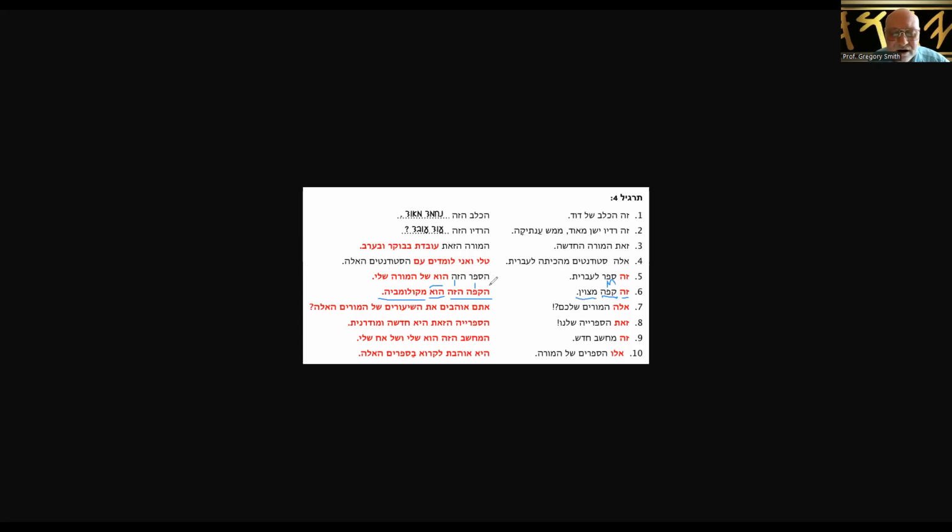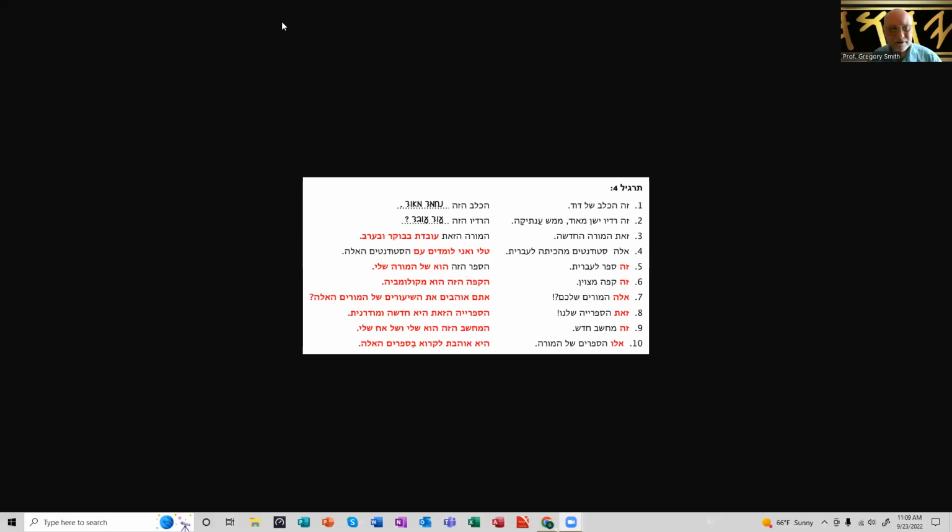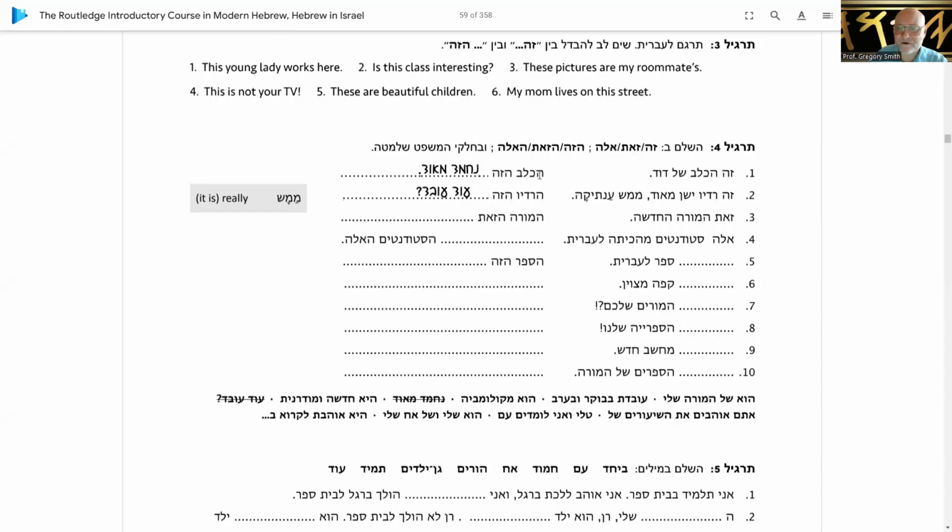And then you use HaCafe Hazeh. So it's like the coffee, the this, it, this coffee, who, Mi Colombia, from Colombia. Starting to get an idea what they're getting at here. Once you get the pattern down, then you could figure it out.